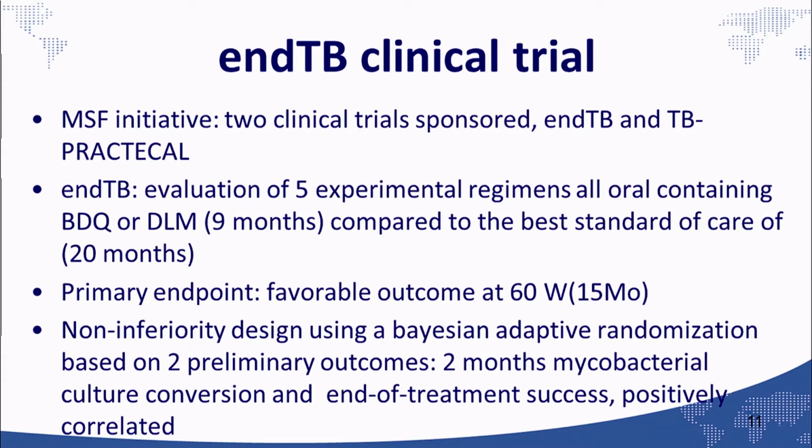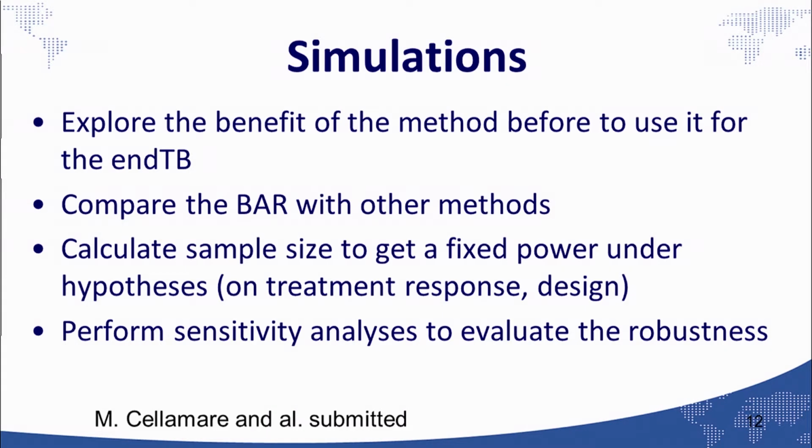It's a non-inferiority design using a Bayesian adaptive randomization based on 2 preliminary outcomes. The final endpoint being too late, at 60 weeks, we prefer to adapt on early outcomes, which are the 2 months mycobacterial culture conversion and the end of treatment success, which are positively correlated with the final outcome.